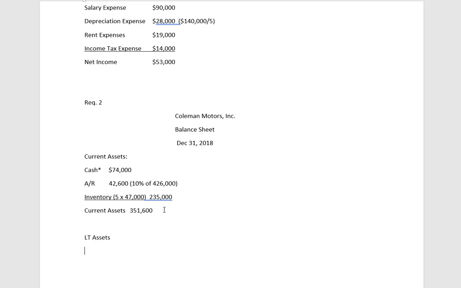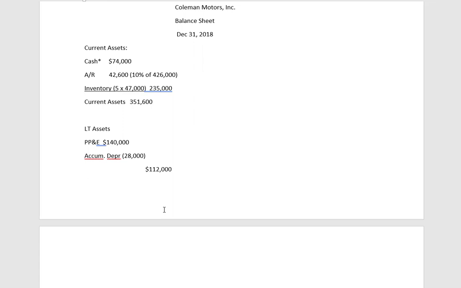Long-term assets, we've got property, plant, and equipment, PP&E, of $140,000. We've got accumulated depreciation of $28,000. So our net PP&E here is going to be $112,000.